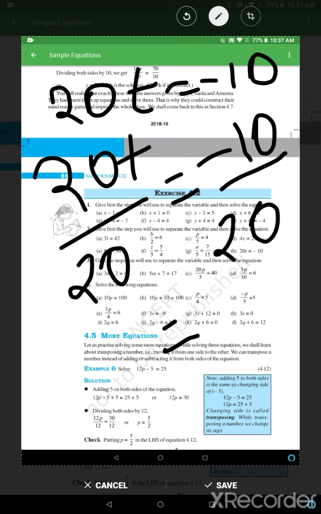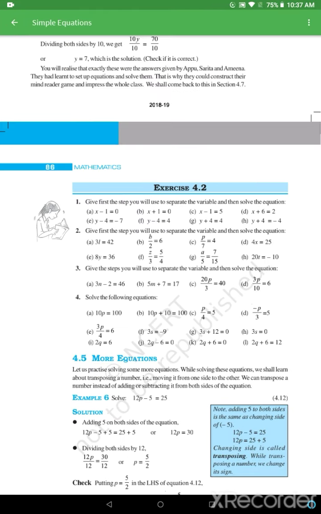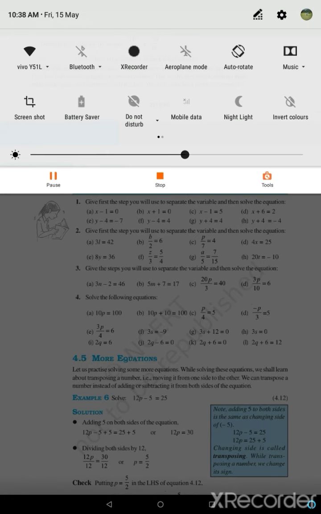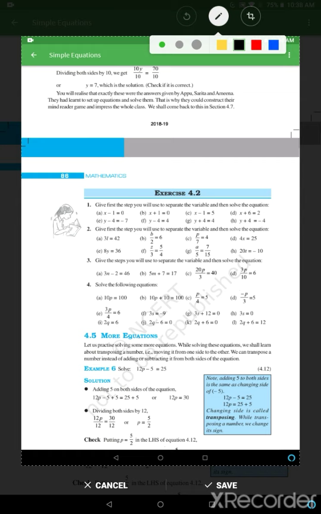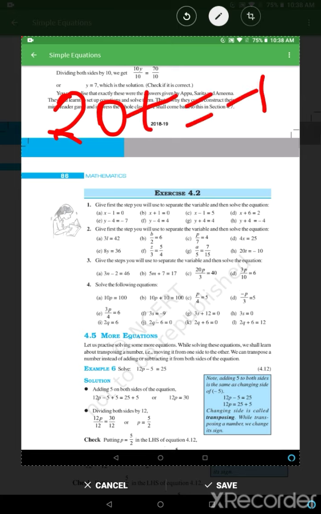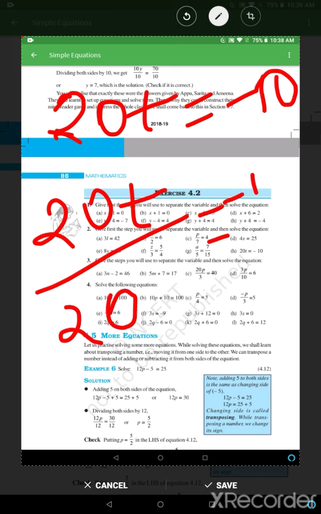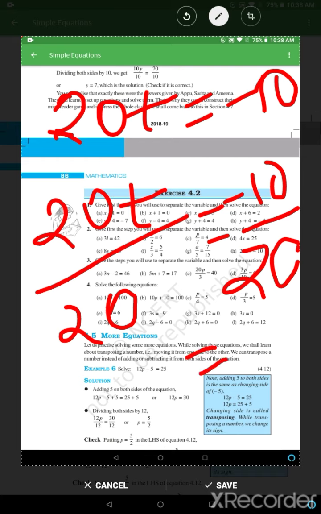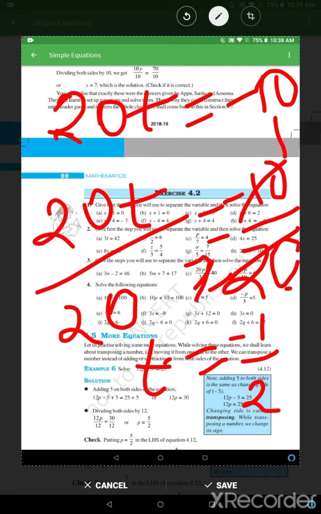So t is equal to minus 10 upon 20, which will be minus 1 upon 2. So the value of t is minus 1 upon 2.